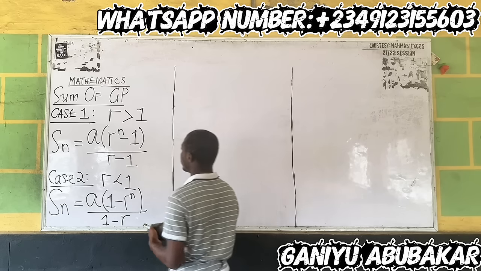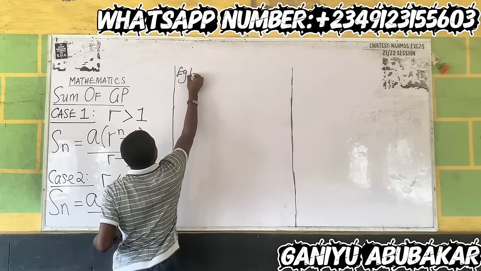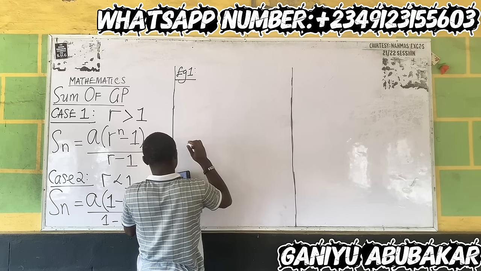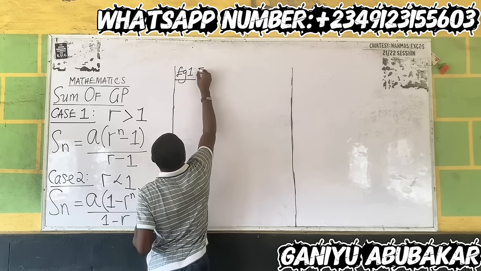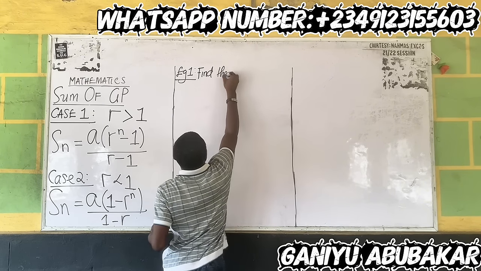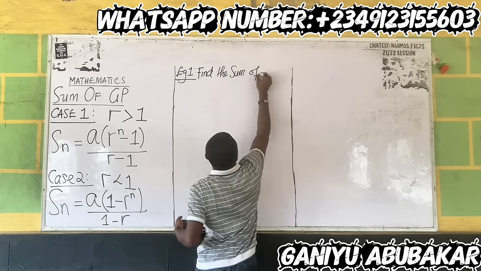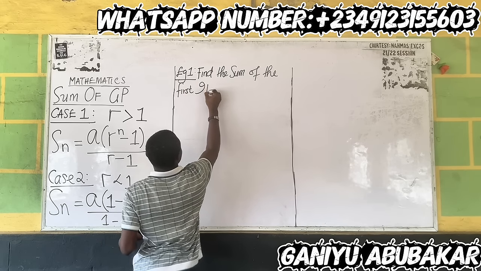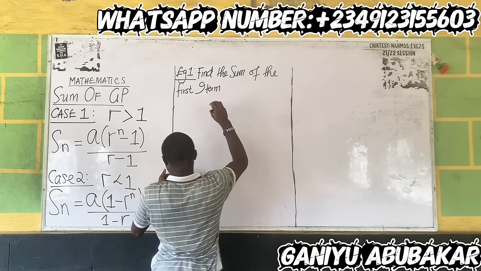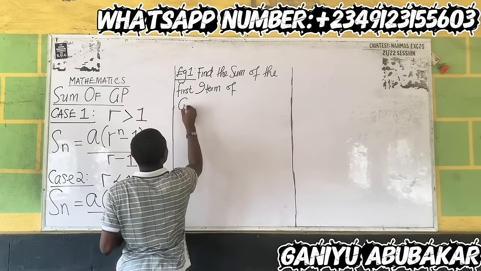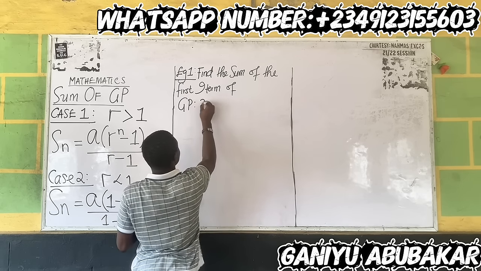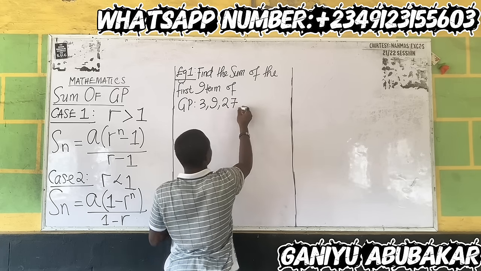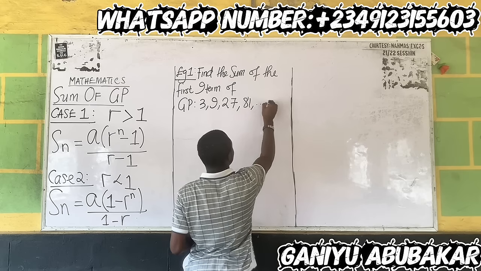So, example one says: find the sum of the first 9 terms of the GP, 3, 9, 27, 81, and so on.